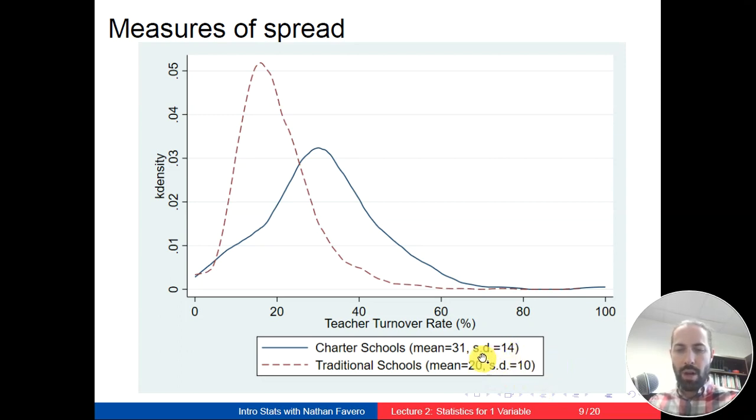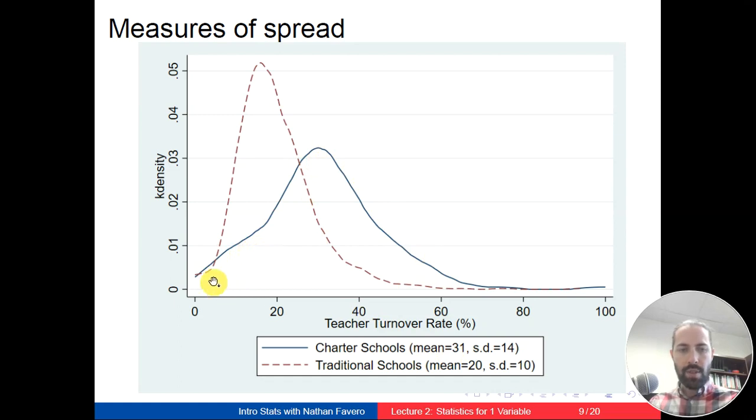Well, if you recall, we just said that one way to interpret the standard deviation is that it tells us how far the typical observation is from the mean. So, in other words, the average charter school district has a turnover rate of 31, but there's a lot of variance around that because the typical observation is around 14 percentage points away from the mean. And you can see that visually here, that it's very spread out, right?